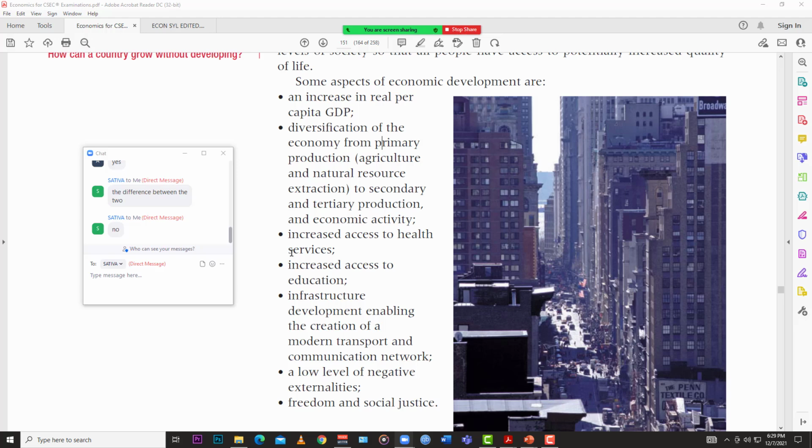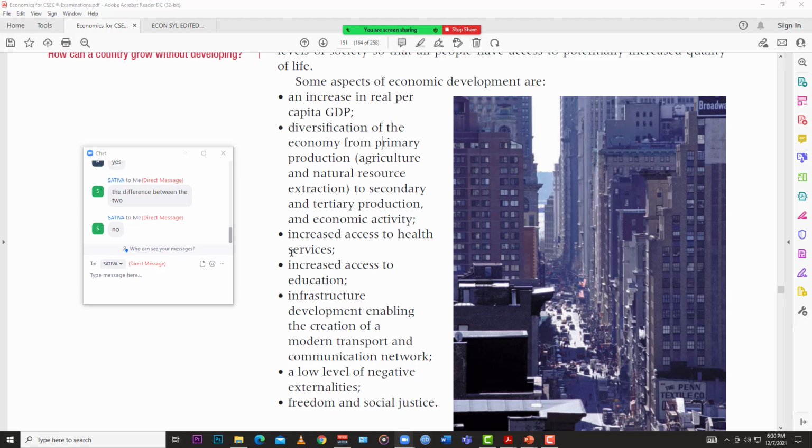Diversification of the economy, meaning you don't rely on one sector anymore. Back in the day, most Caribbean countries relied heavily on agriculture, heavily. And so we diversify now. We're into financial services, educational services, tourism, all those service-based industries, construction, light manufacturing, all those kinds of services.